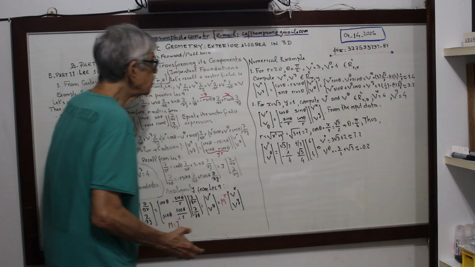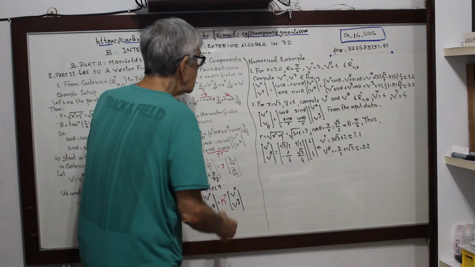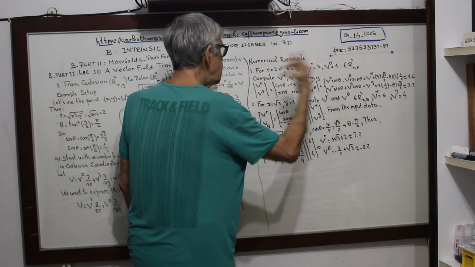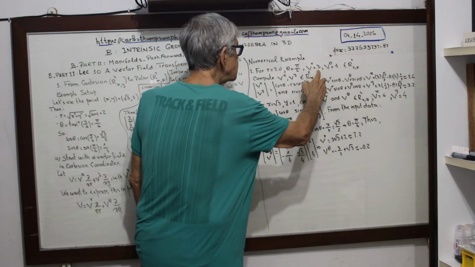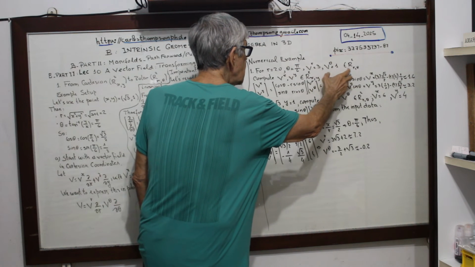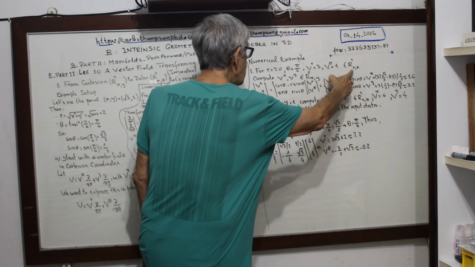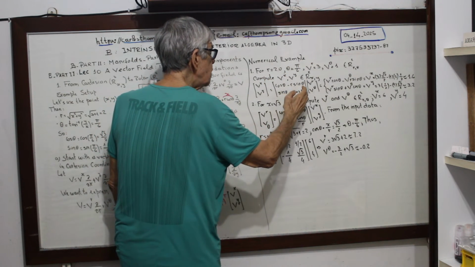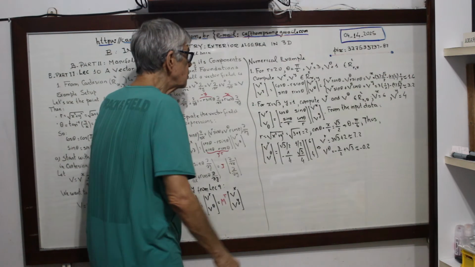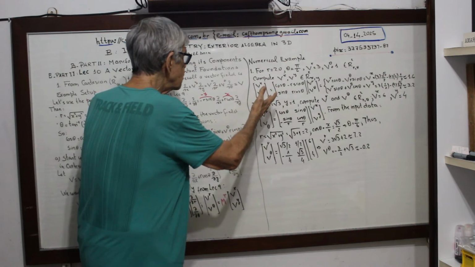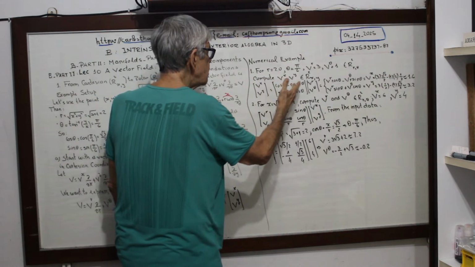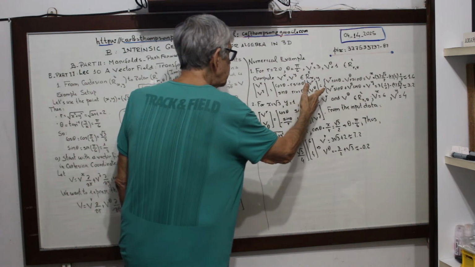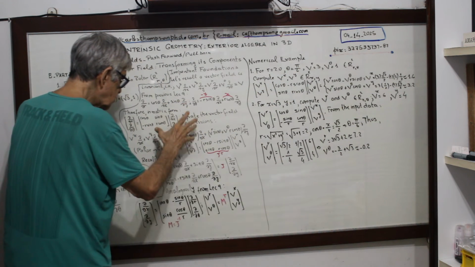Okay, now the numerical example. For theta equal to pi over 6, then the input data, Vr is equal to 3, V theta is equal to 1. They belong, attention now, to the polar coordinates over here. Now, let's compute Vx, Vy that belong to the Cartesian coordinates. You just write down Vx, Vy, cosine minus r sine, sine and r cosine, times Vr and V theta. This one is written over here.